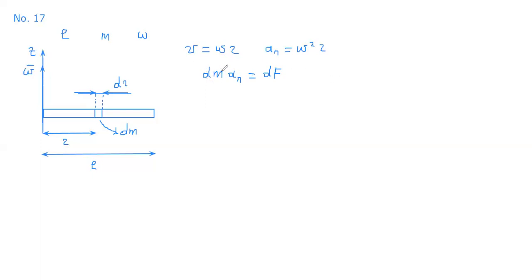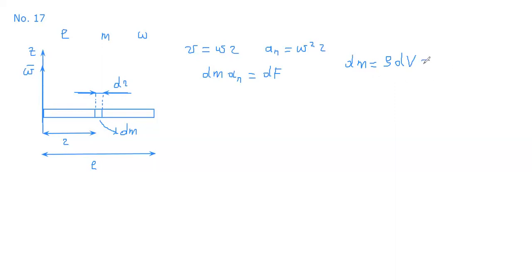So let's find the differential of mass. dm is equal to density multiplied by the volume of this infinitely small part of the rod.